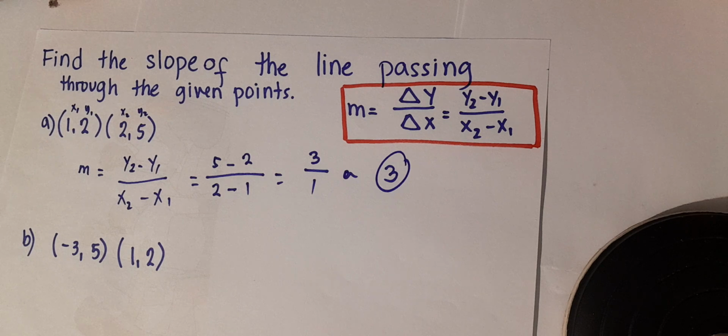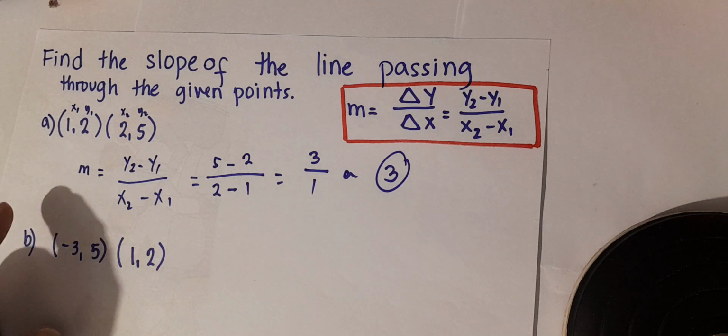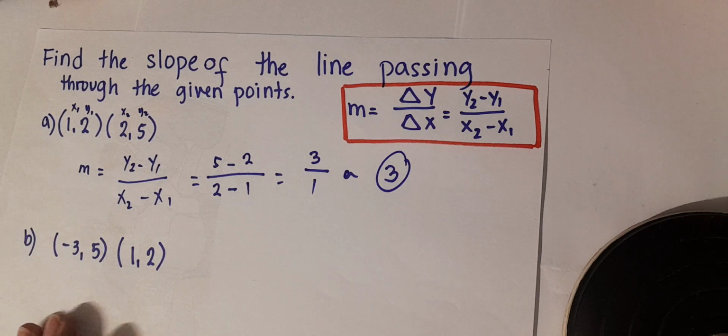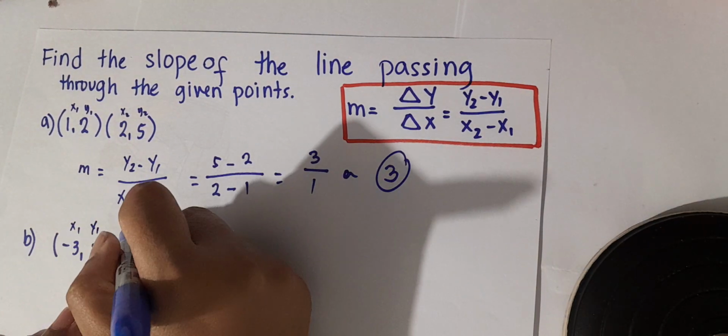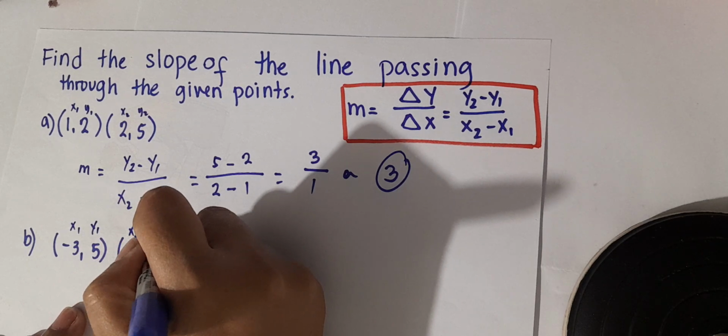Okay, another one. What if the coordinates given have a negative sign? Same thing, you just need to identify where's the x and the y. For this one, identify again, this is x sub 1, y sub 1, x sub 2, and y sub 2.